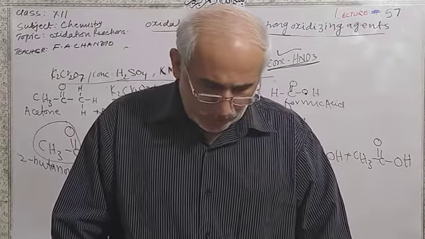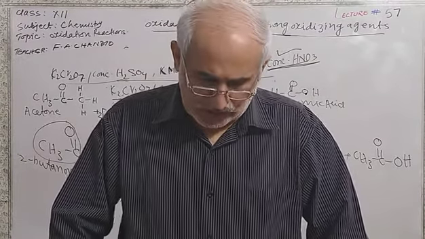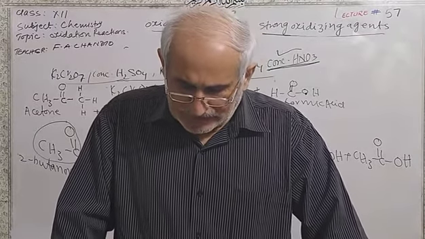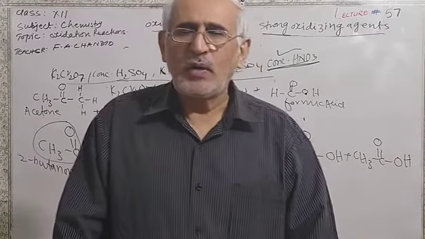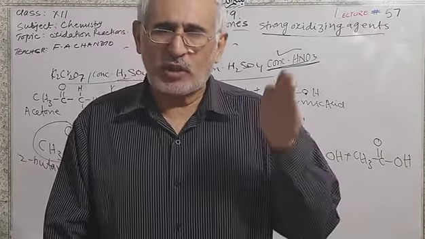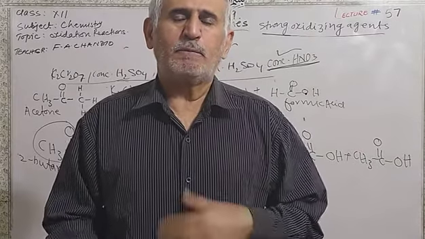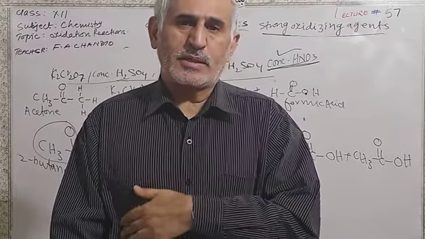So again I am telling you, if we have symmetrical ketones, only one carbon atom adjacent to the carbonyl group is oxidized and you will get a mixture of 2 different carboxylic acids. One is acetic acid and the other is formic acid.